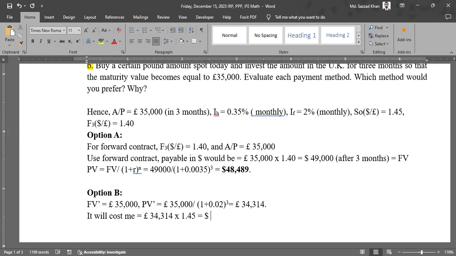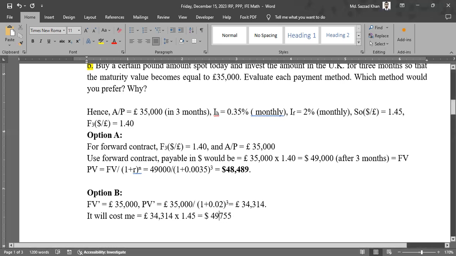How much would that be? 49,755. So if I opt for option B, my cost is 49,755.